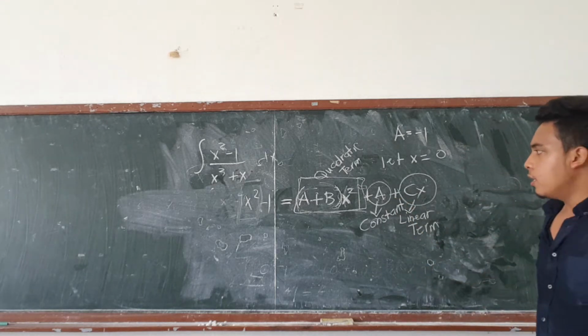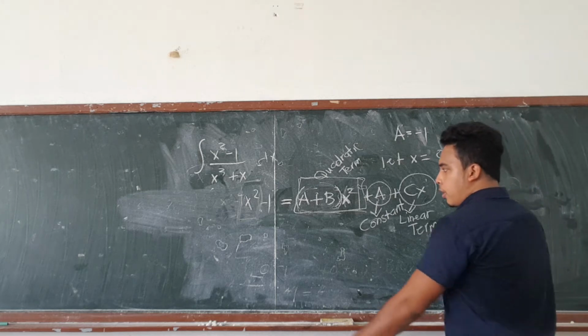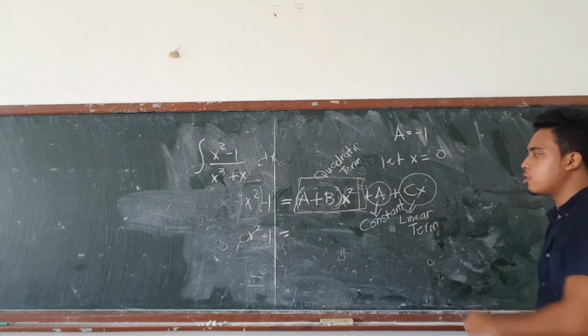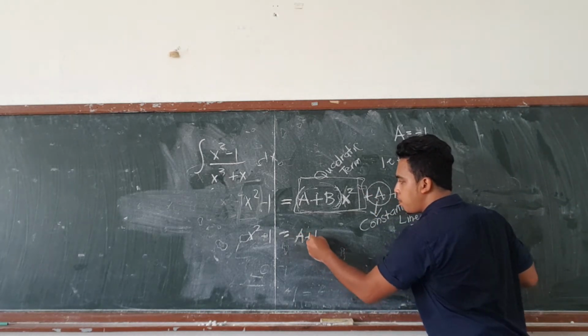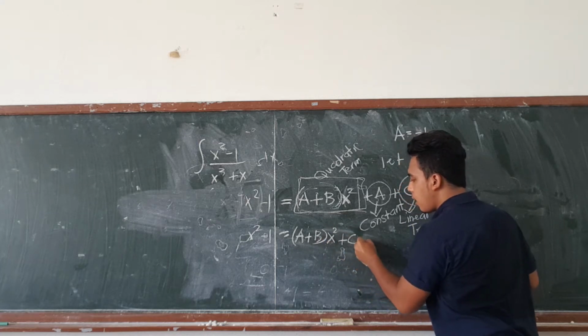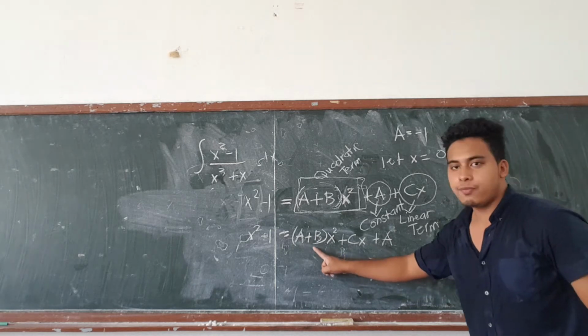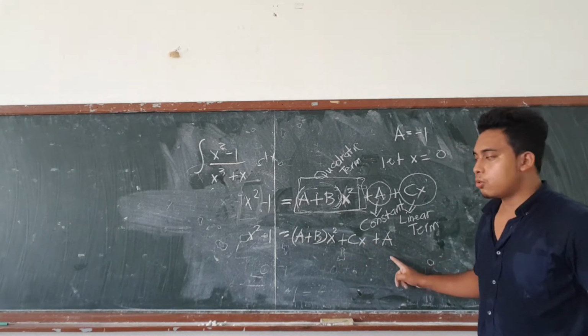So again, since these two equations are equal, if we arrange x squared minus 1, that would be a plus b, x squared plus cx plus a: a quadratic term followed by a linear term, then a constant term.